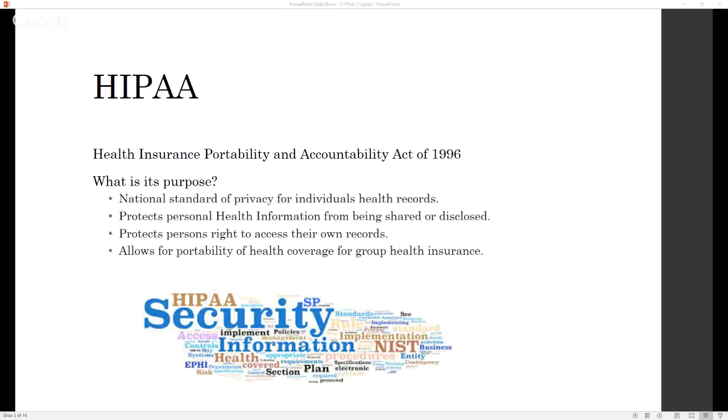The act itself is a national standard of keeping records secure as far as health information goes. It protects your personal rights as far as being able to access your information, who's looked at it, things like that. And it allows for portability of health coverage, and we'll talk about that a little later, as far as continuance of health coverage under group health plans. Next slide, please.